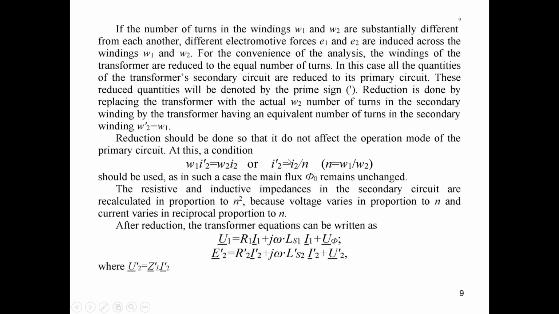And for this, we should virtually, of course, change the current in the secondary circuit. It will be equal to I2 over n, where n is W1 over W2. And in such a case, this flux phi0 will remain unchanged, and so we may consider these processes with such an approximation.